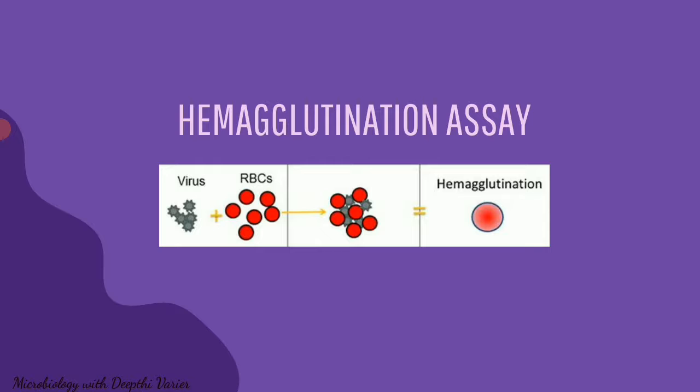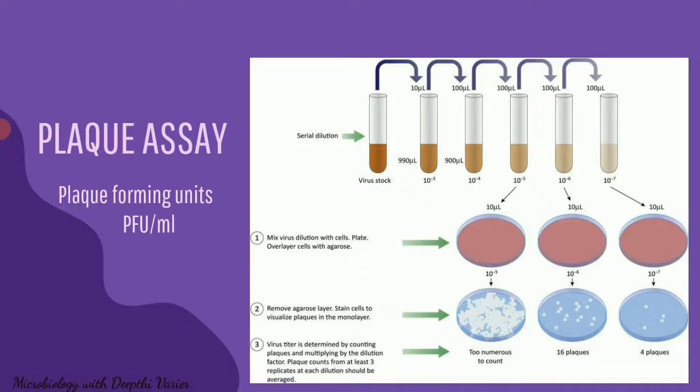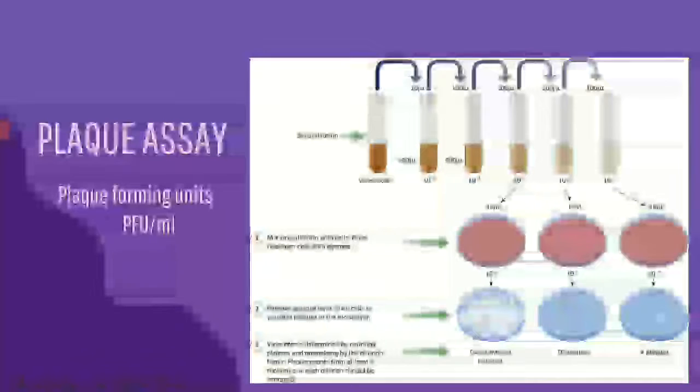The lowest dilution at which the agglutination occurs is determined, and that is taken as the HAU. This is again an easier method in comparison to microscopy for counting viruses, but it is restricted to those viruses which have the power of agglutinating RBCs.